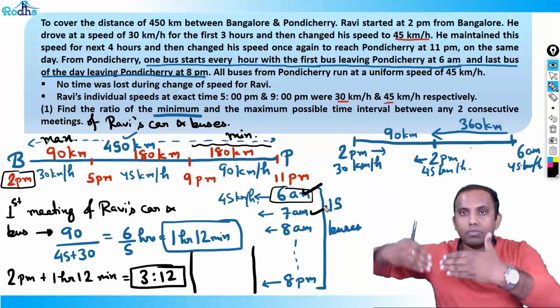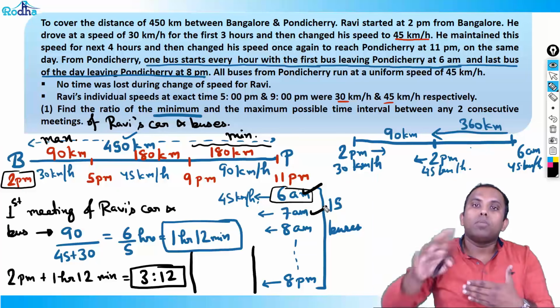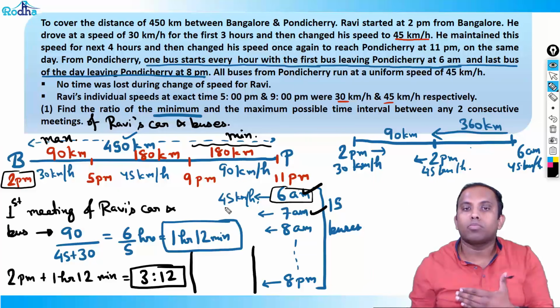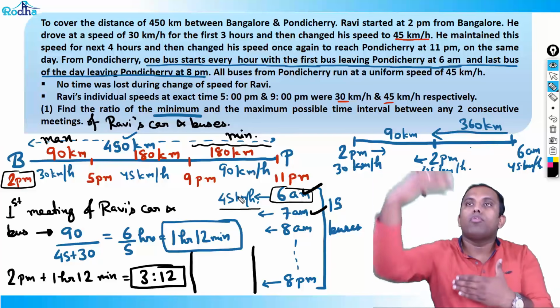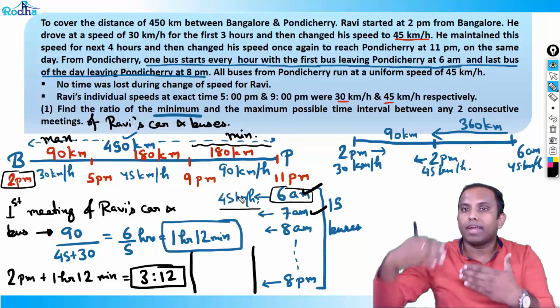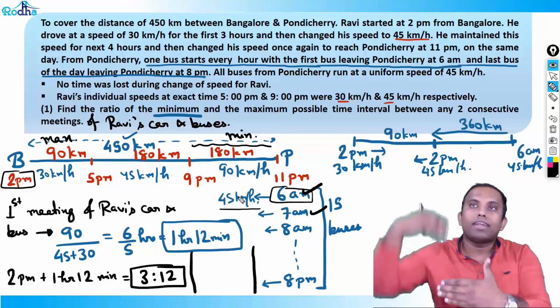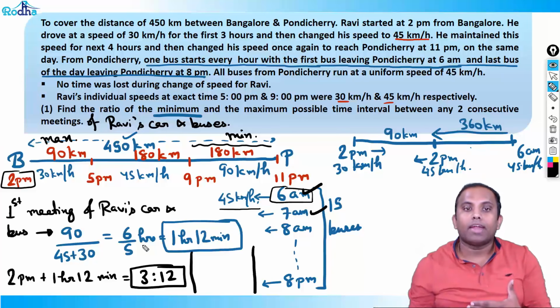So 1 hour means a distance of 45 kilometer, because the speed of every bus is 45 kilometer per hour. So the second bus is at a distance of 45 kilometer from my car at 3:12.